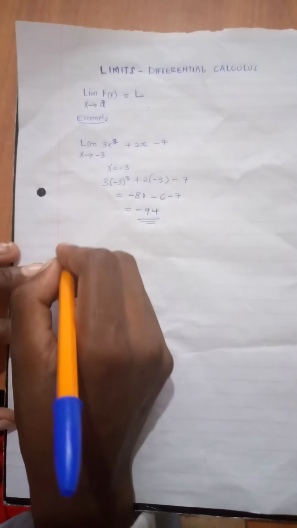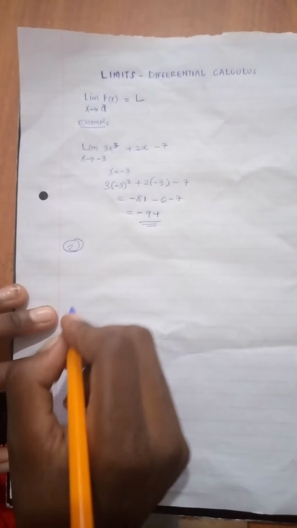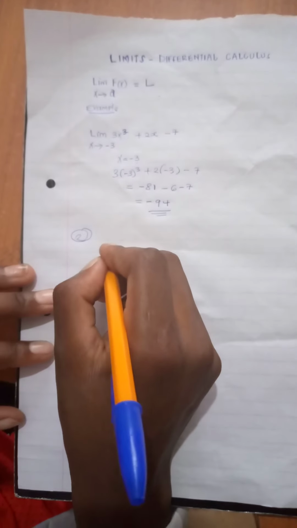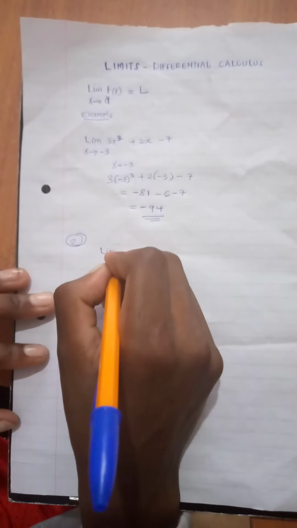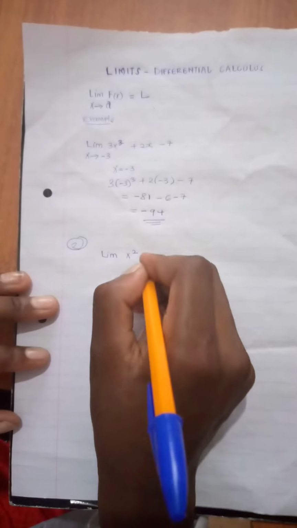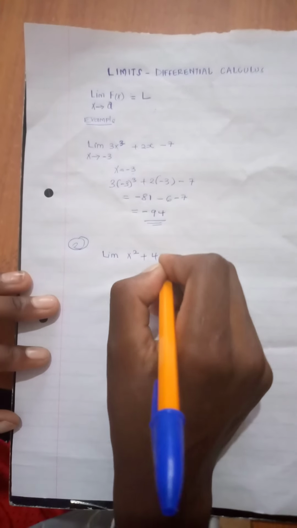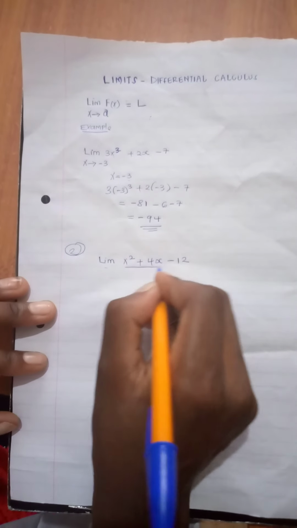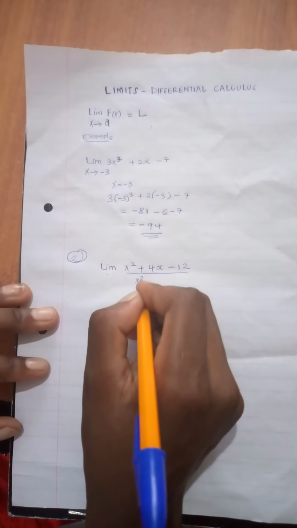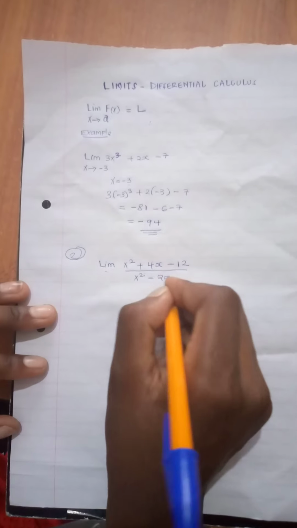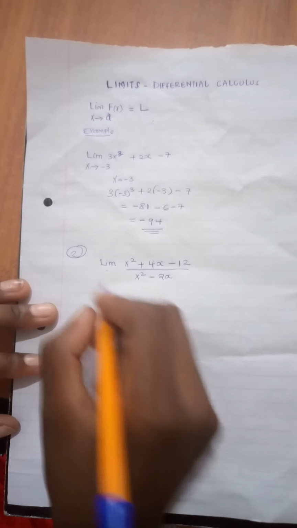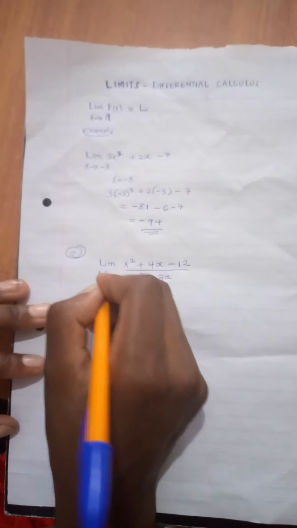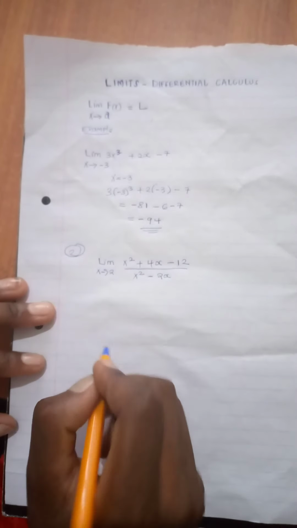Now, let's look at another example. Let's assume you've been given the limit of x squared plus 4x minus 12, all over x squared minus 2x, as x approaches 2.